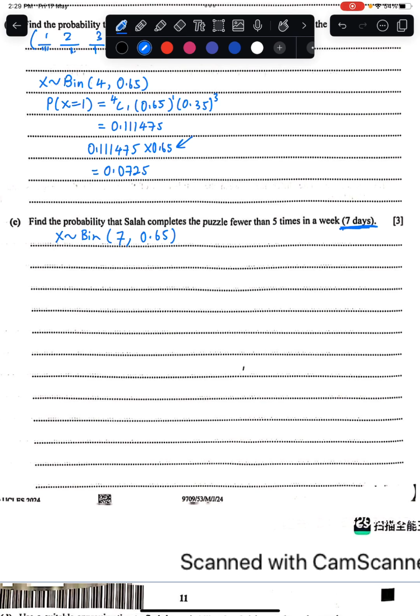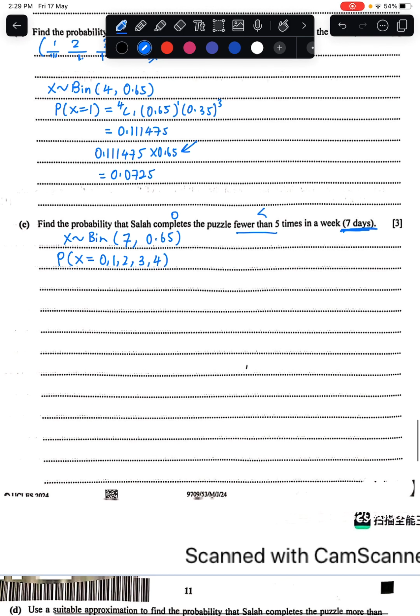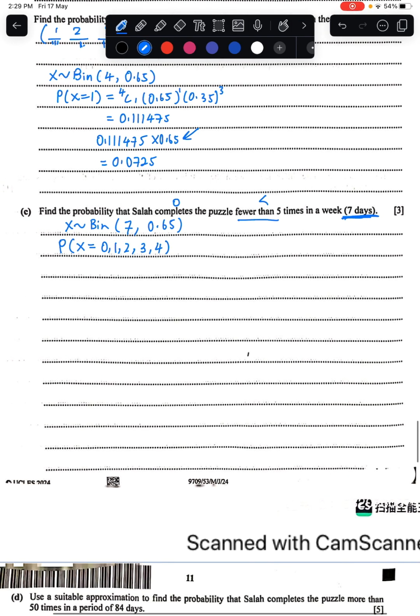So they want the probability of X equals 0, 1, 2, 3, 4. Or you can use 1 minus the probability of X equals 5, 6, 7, it works too. Remember, do not include 5 because it's fewer than. And always remember the 0. Don't forget 0. It's also a possibility that she fails all the puzzles.